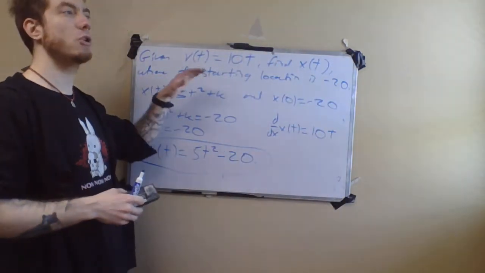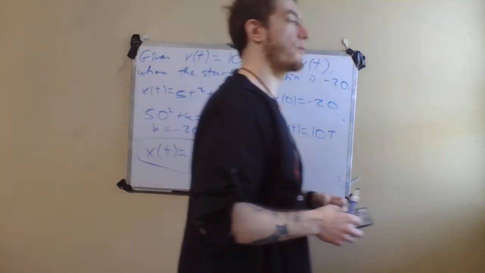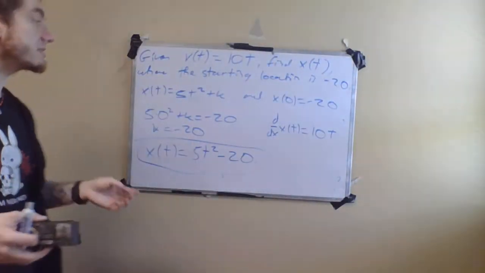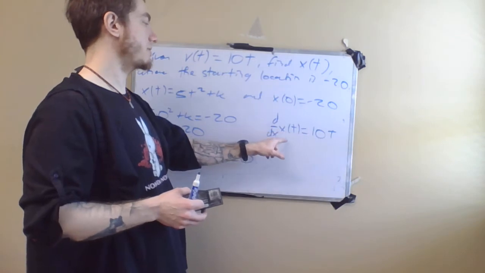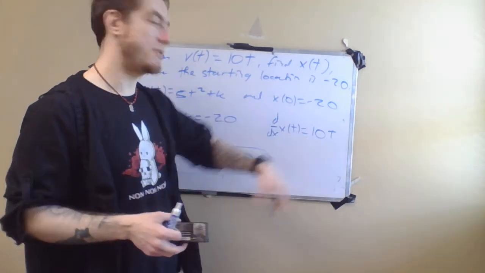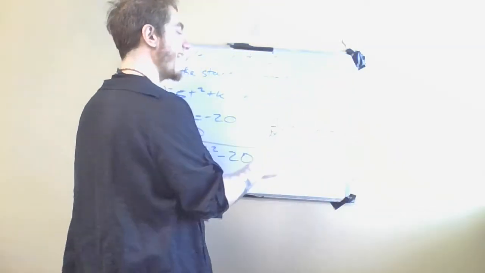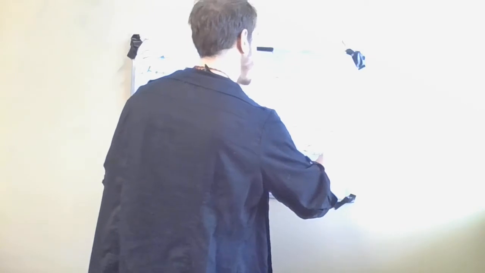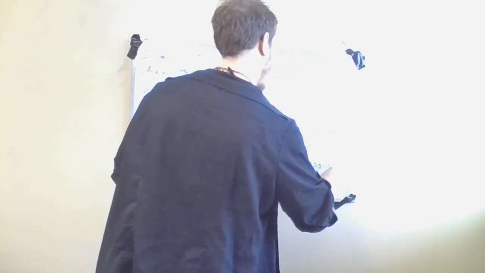So you actually end up with an infinite collection of solutions for your equation. It's kind of interesting that way. And this is an example of that, where there are many different possible x of t's that satisfy this equation. Because in fact, I could change this -20 to anything else, and we get a whole infinite family of possible x of t's.